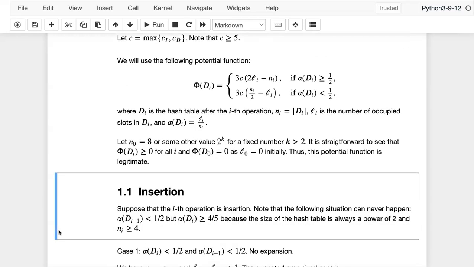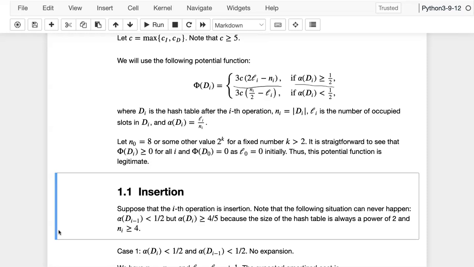Next, we're going to define our potential function, phi of D sub i, depending on the current load factor after the i-th operation. If it's greater than or equal to 1/2, then it is equal to 3 times C times (2L sub i minus n sub i).